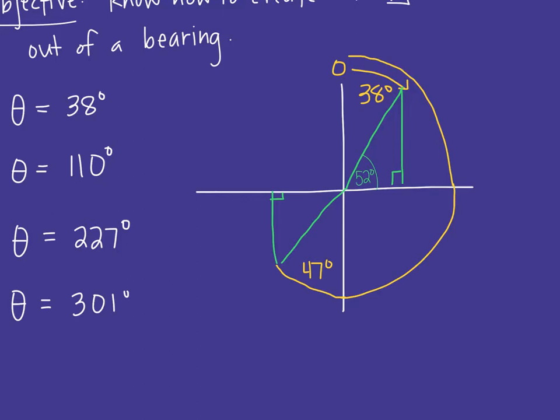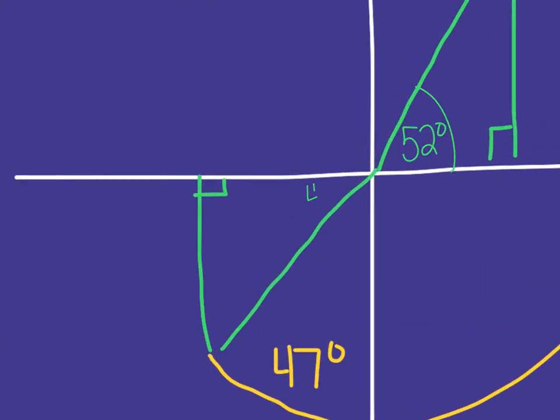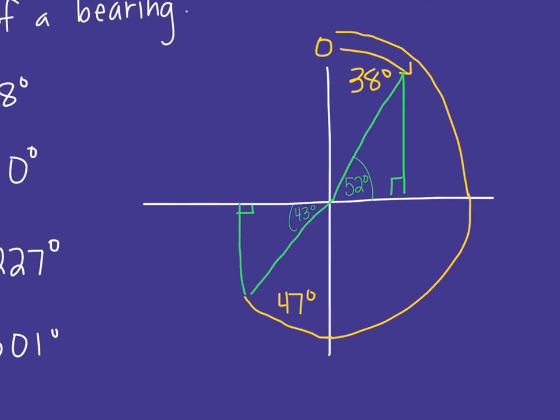And that would be 43 degrees, because that's how much is left to finish that quadrant. Okay, and so then I label it 43. Do you see how those numbers add up to 90 degrees? Like 38 and 52 add up to 90. 47 and 43 add up to 90. When you end up in a quadrant, the angles all have to add up to 90.